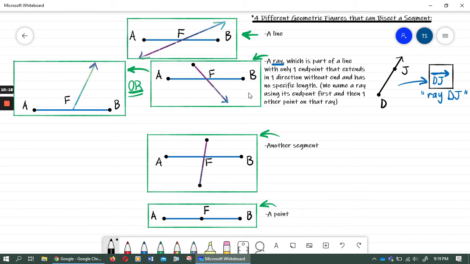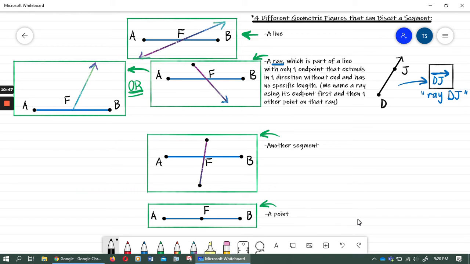There's two different versions of it where you have a ray that is intersecting or going through or splitting a line segment. Then you got one here where you got another segment that is splitting this segment AB. And then you got here in this last one a point that's splitting that segment AB.